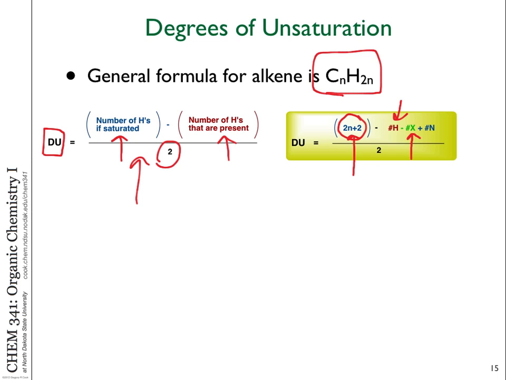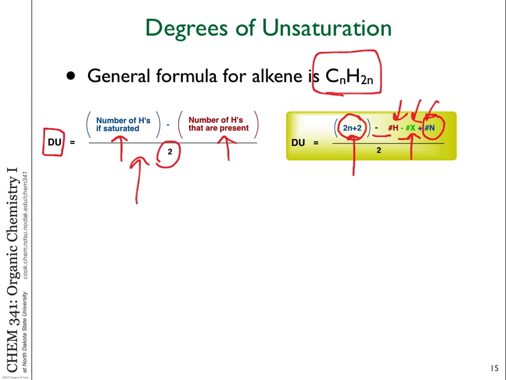So you need to consider it like it was a hydrogen: minus the number of hydrogens, minus the number of halogens. And then because nitrogen has an odd valency and would add 1, you need to add the number of nitrogens. Overall, this should tell you how many pi bonds and rings you have. It's a useful way to look at molecules, or if you have a molecular formula, you can easily determine if you might have this many double bonds or rings present.